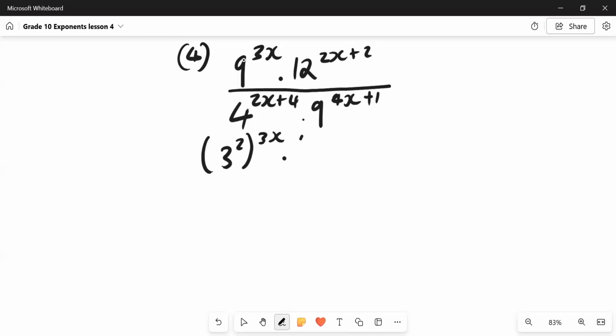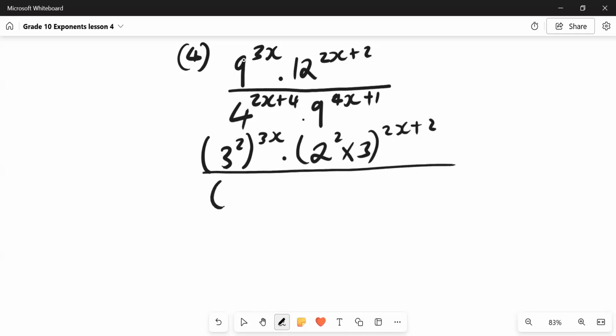And then 12 can be written as 2 squared times 3, and then we have 2x plus 2 there. 4, that's 2 squared, 2x plus 4. And then 9, that's 3 squared, and then it's 4x plus 1.